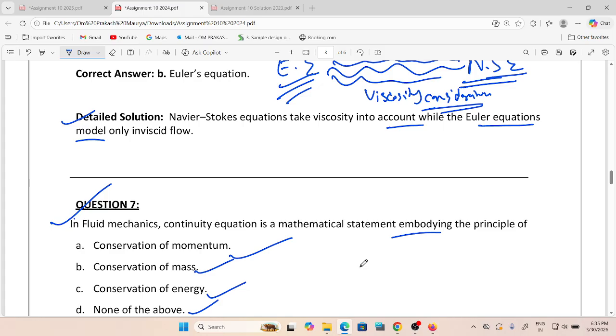So the question is, in fluid mechanics, the continuity equation is a mathematical statement embodying the principle of conservation of momentum, conservation of mass, conservation of energy, none of them.